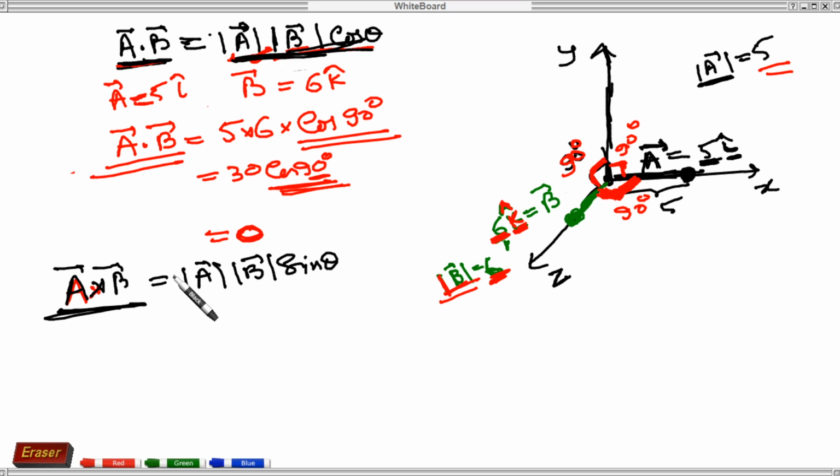So I have to put one unit vector over here. This is the magnitude, this is the direction.